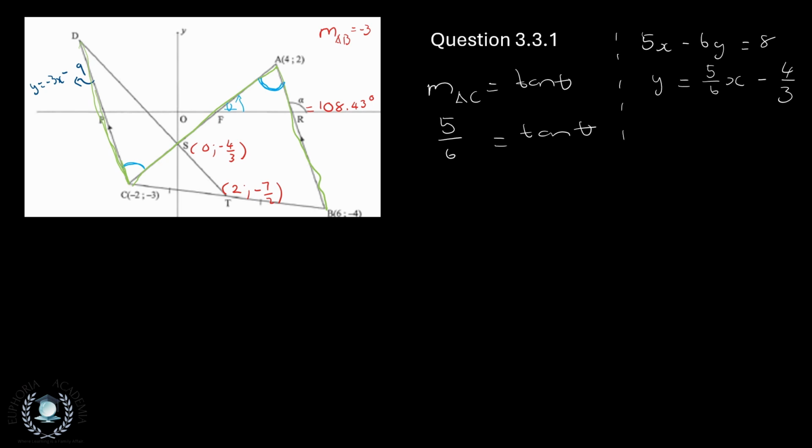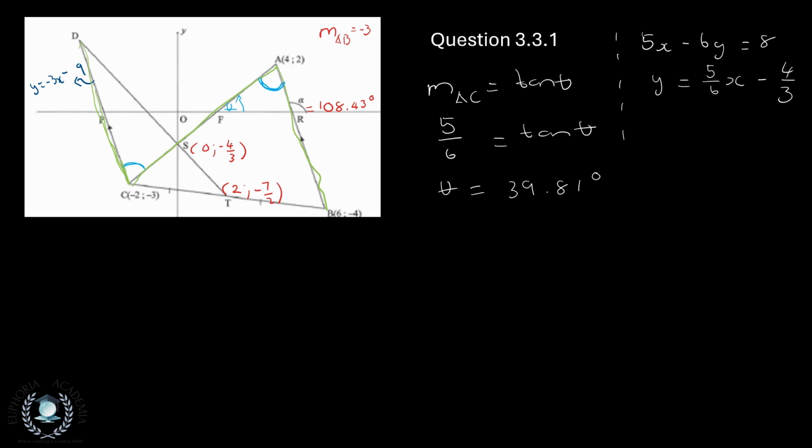Now the gradient is positive, so we don't have to worry about reference angles or anything like that. And once we apply the arctan, we can see that theta is equal to 39.81 degrees. Now we have theta. Let us see how we can relate all of these to the angle that we're trying to find.